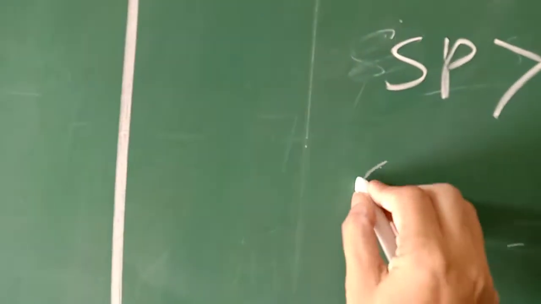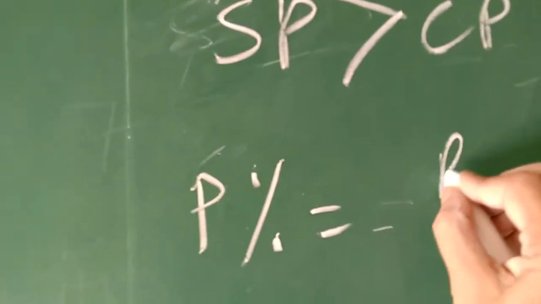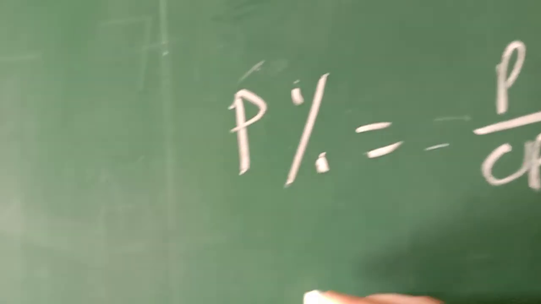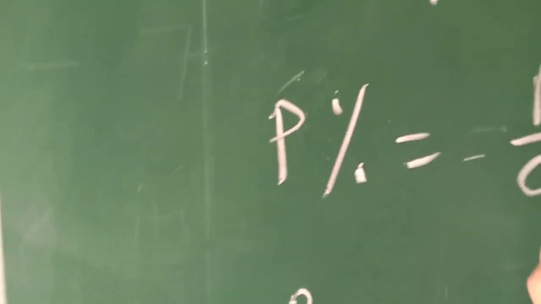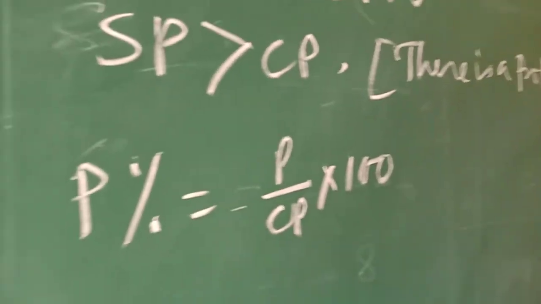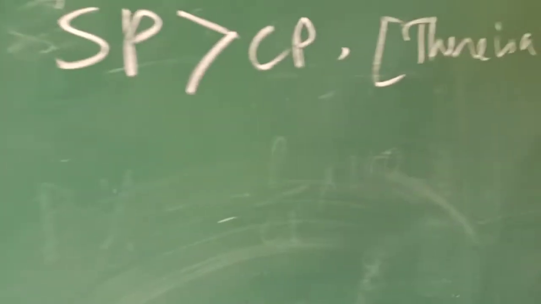Now profit percent, you know the formula, profit by CP into 100, the same formula. So profit percent is equal to profit. You have to find first profit. Okay, you have to find out the profit, and afterwards you will do profit percent.